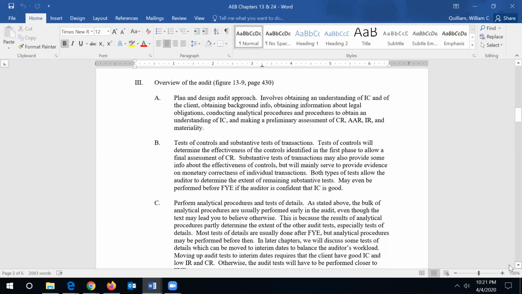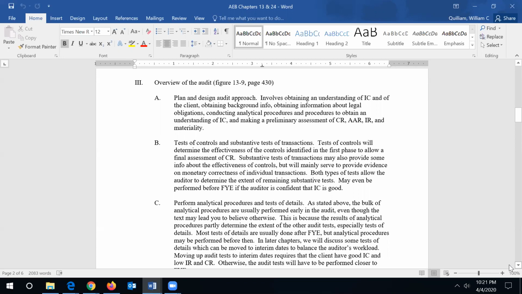Then, Roman numeral 3, overview of the audit. There's a diagram in your book. If that helps, that's good. If not, I will just walk you through relevant information for us. The first phase of the audit is to plan and design an audit approach so that we know where we're going.